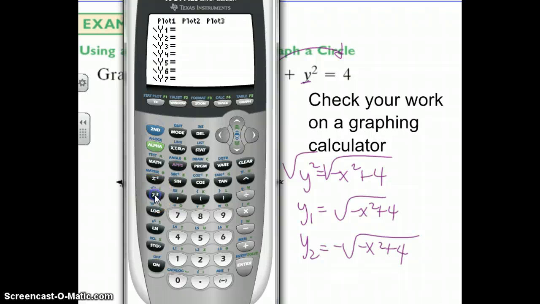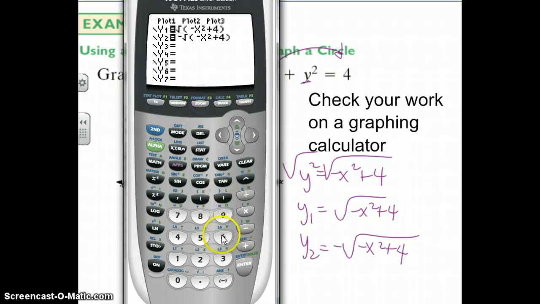I'll type in the square root of -x² plus 4 for my y sub 1. And then y sub 2 is actually the opposite of that. Make sure you do not put parentheses around the -x, because that will square the -x, and I just want to be squaring x.